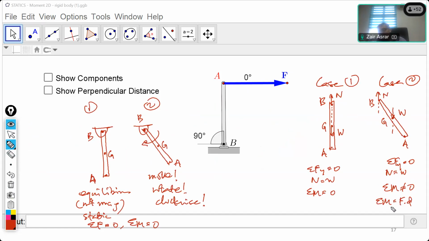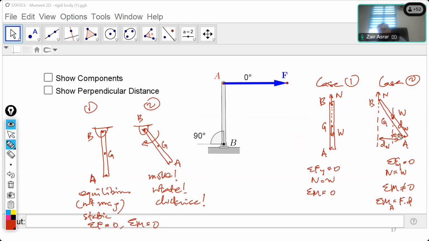For example, if I take moment at point A, I will have moment coming from W. This is the distance for W, and then we have moment coming from N. So this is the distance for N. Weight times dW will give you one moment, and N times dN will give you another moment.